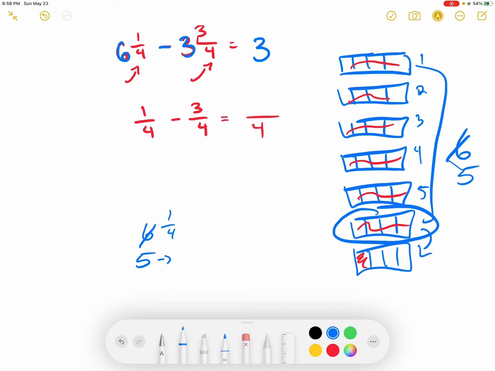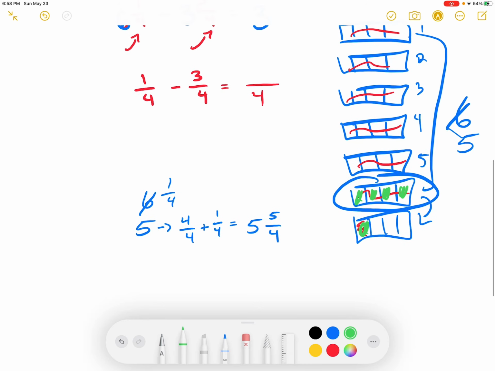So really 6 and 1/4 is going to be borrowed 5, right? That's the 5. And then what I've done is I've separated that whole that I borrowed into 4/4. I'm going to add it to the 1/4. So now it's literally 5 and 4 plus 1 is 5/4, right? And you can count that and literally see it. Ready? Here's 1, 2, 3, 4, 5/4.